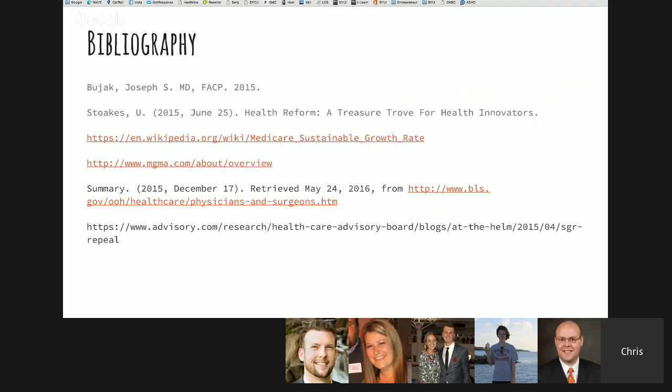So we've seen this historical shift for physicians to become employed or under contract to work for hospitals or hospital systems. Right now, about 70% of all U.S. physicians are in that boat, so a little over 2/3.